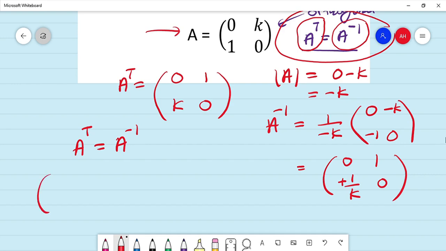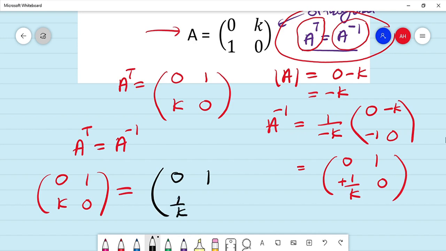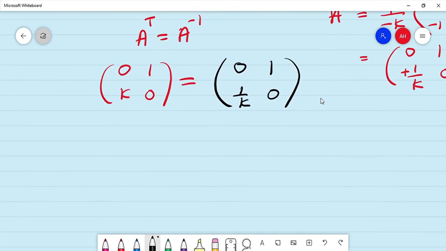So A transpose is 0, 1 and k, 0. And on the right hand side, A inverse is 0 there, 1 over here, and 1 over k, and 0. Now let's compare between these two matrices to find the value for k.